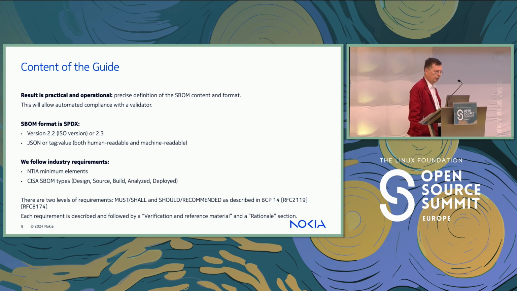For the moment, we don't allow this version. When we started the work, SPDX 3 was not yet officially published. It was only a work in progress. And for the moment, most tools still produce SPDX version 2. So that's why, for the moment, we allow these two versions of SPDX, 2.2 and 2.3.